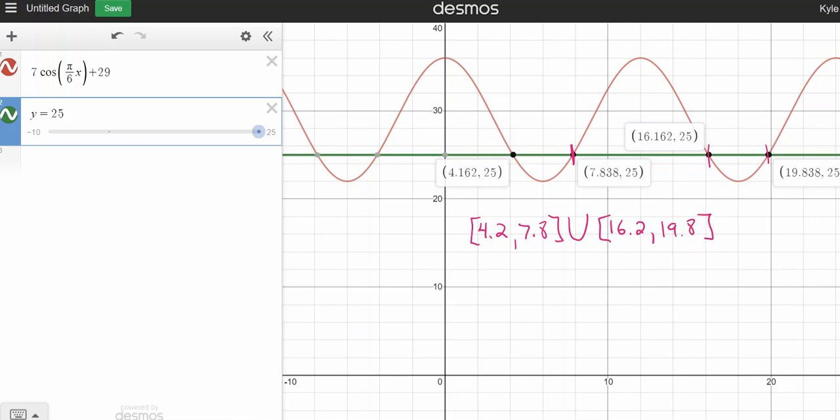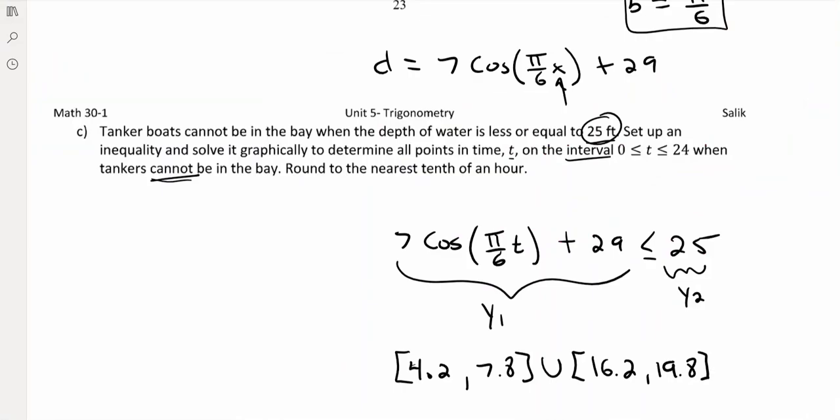Our interval was only for 0 to 24 hours, right? 24 is a little off the screen, but it's not going to include any more below this. So that's good enough. That's going to be our answer in interval notation for this one. And I just wrote it on this sheet as well.